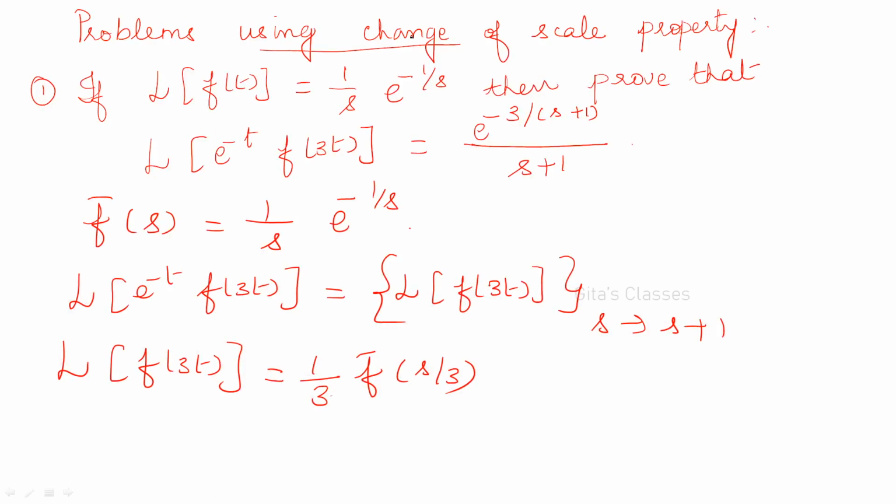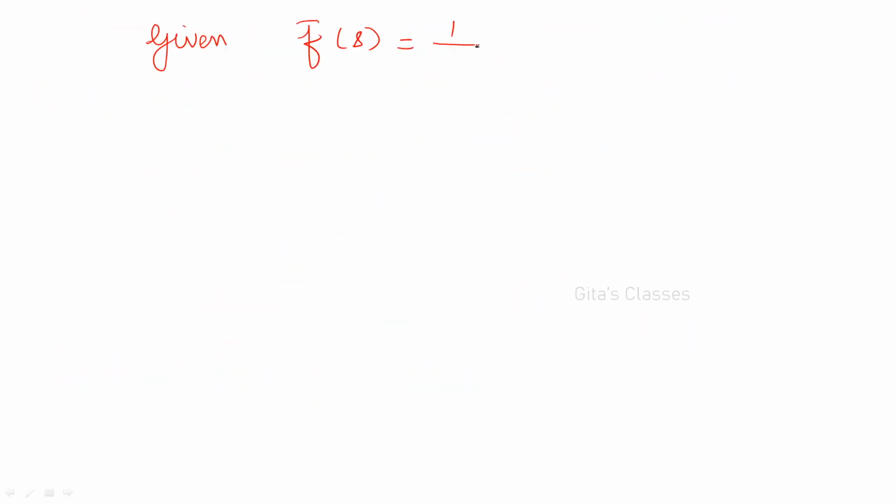Okay. So what is our f bar of s? Given f bar of s is equal to 1 by s e power minus 1 by s.